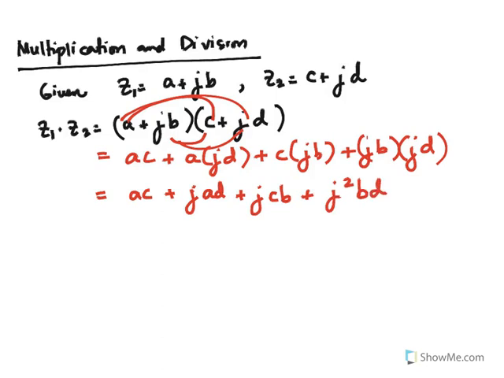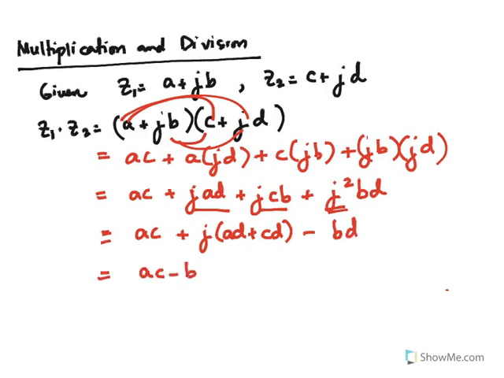But since j squared is negative 1, pwede nating palitan ito ng negative 1 such that you'll have here ac plus, and then we can combine these two terms, jad plus jcb, plus... minus bd. So basically, the real part of your product is ac minus bd, and then the imaginary part, jad plus cb.